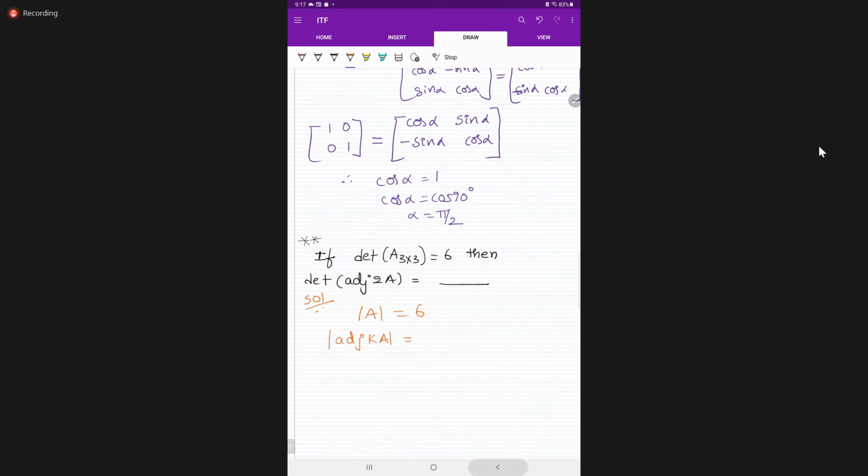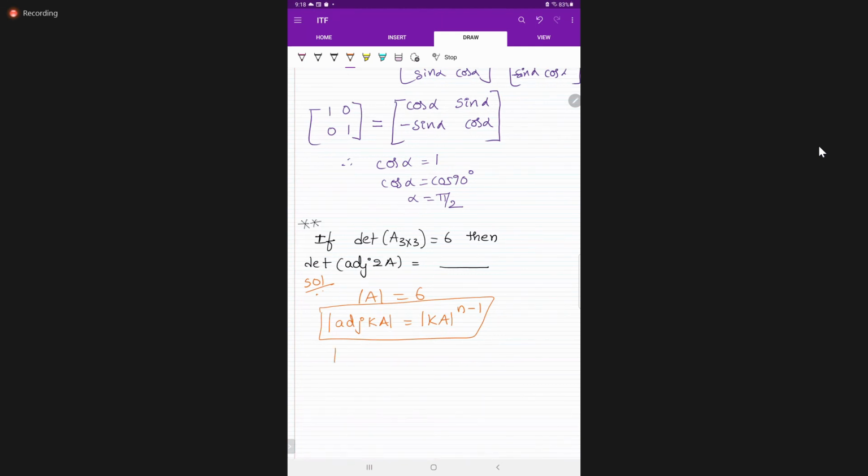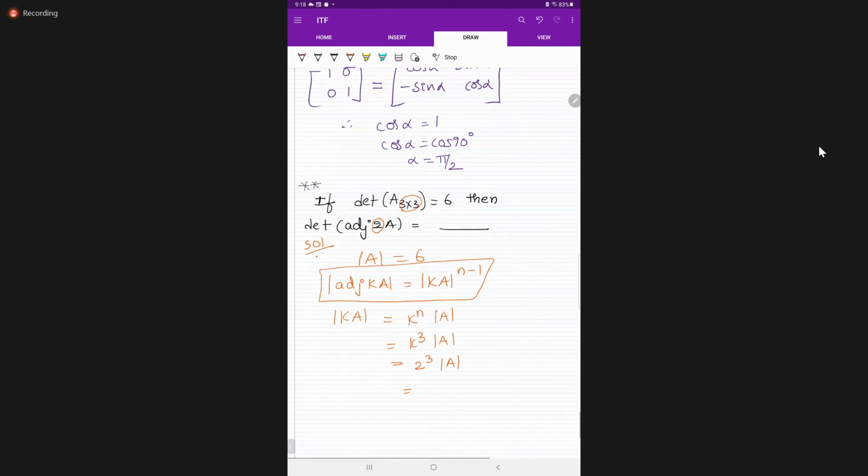That is the formula. First you can write it as det of kA into n to the power of n minus 1. Now det of kA is equal to, what is the formula? k to the power of n into det A. Now it is a 3 by 3 matrix, so k cube into det of A. Here in place of k, they have given 2, so 2 cube det of A, which is 2 cube into 6.